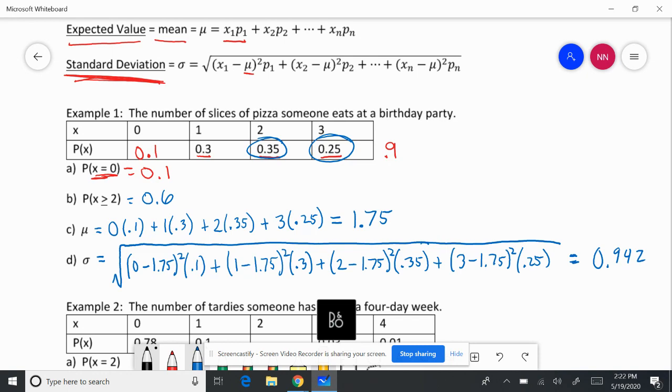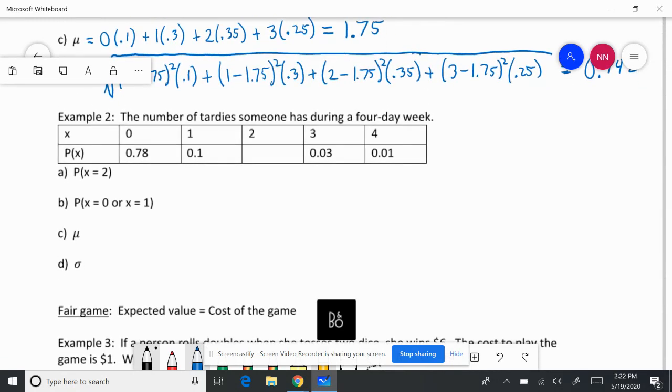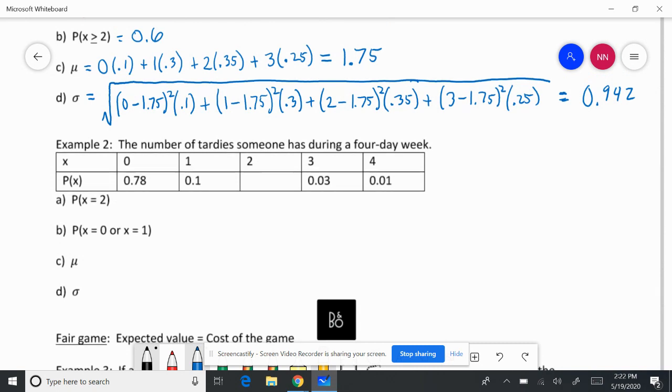Let's look at example 2. I'm going to do the same thing as the last one. What I'm going to do is add up each of my probabilities: 0.78, 0.1, 0.03, and 0.01. And that gives me 0.92. So I know that all of these probabilities have to add up to 1.